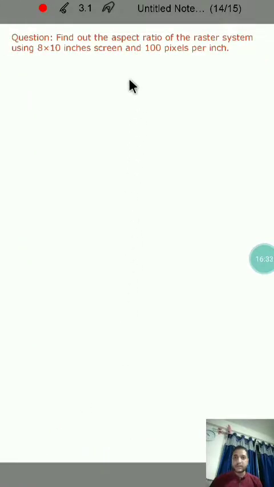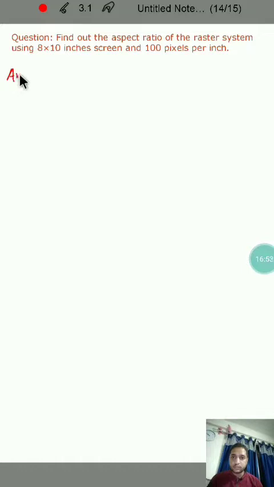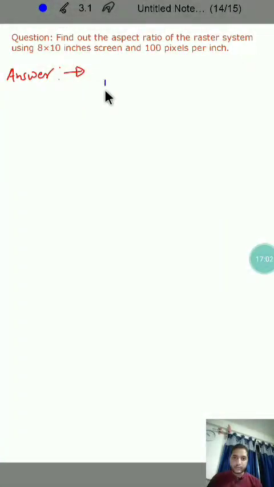Now this is the question: find out the aspect ratio of the raster scan system using an 8 into 10 inch screen and 100 pixels per inch. Now you will have to calculate the aspect ratio. So let me explain what aspect ratio is. This is the computer screen, as we have explained.